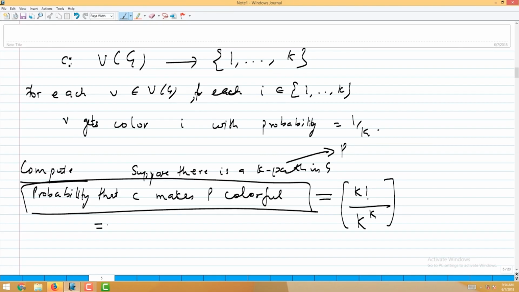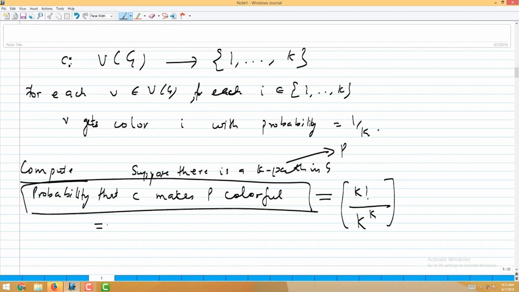You have a search space, look at all possible outcomes and at all possible outcomes which are good, in which that event occurs. The all possible outcomes of this experiment are all possible colorings of this graph using k colors. And the good events are the ones in which this particular path gets distinct colors, right?